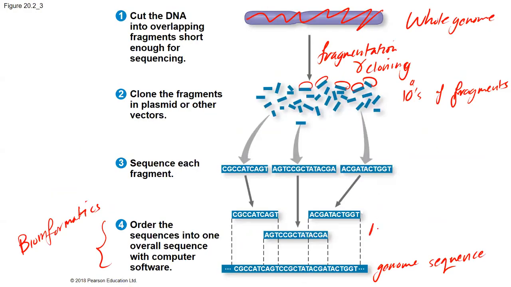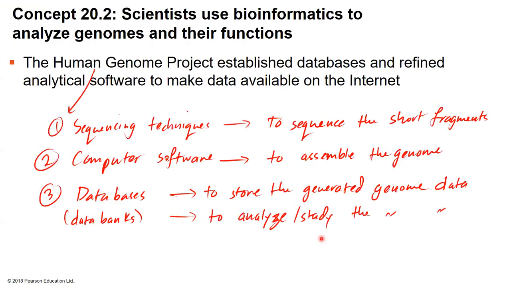This step is called assembly, and it is done using computer software. The software will use the sequences determined for the billions of fragments to assemble, or determine, the sequence of the genome, okay? So development of sequencing techniques, computer software, computer hardware, databases, and the internet also, all of these new innovations made the Human Genome Project possible.